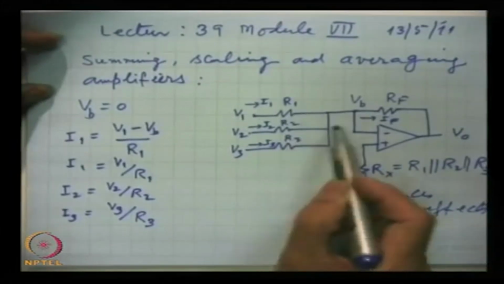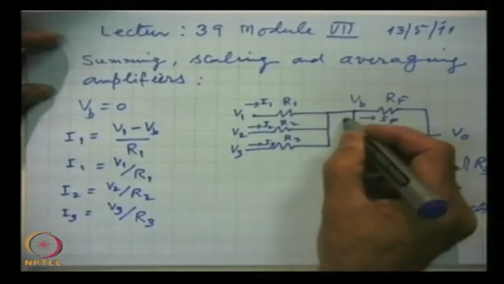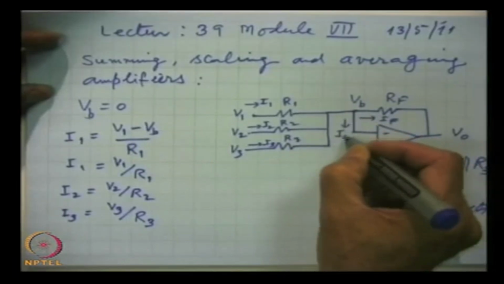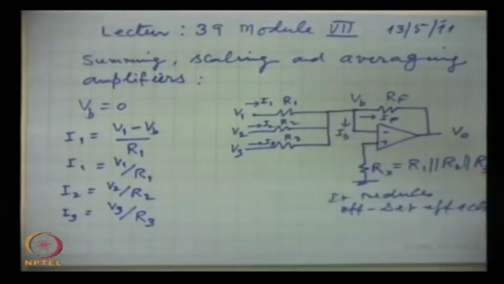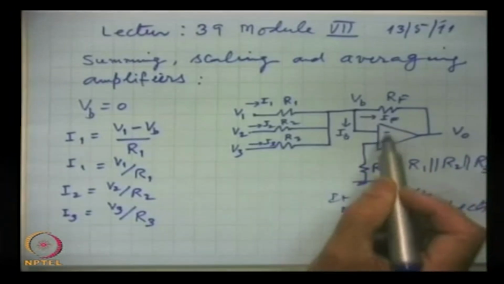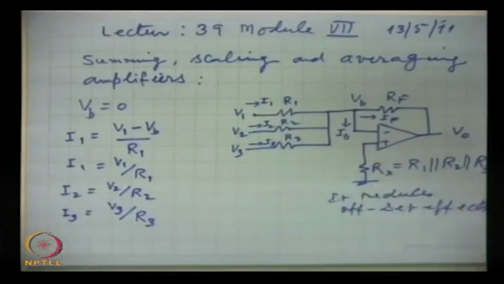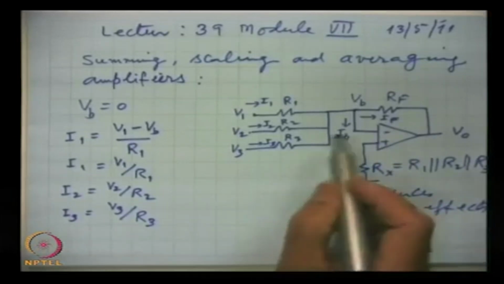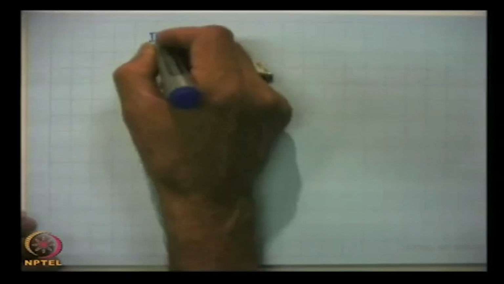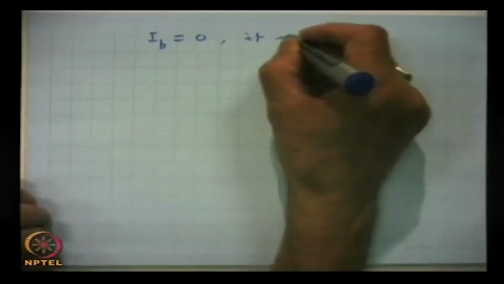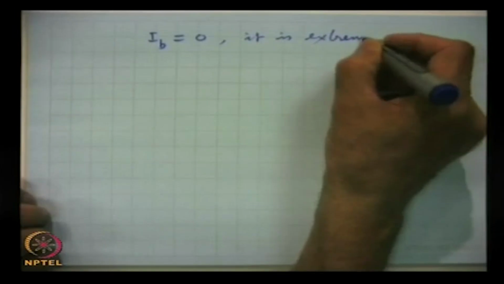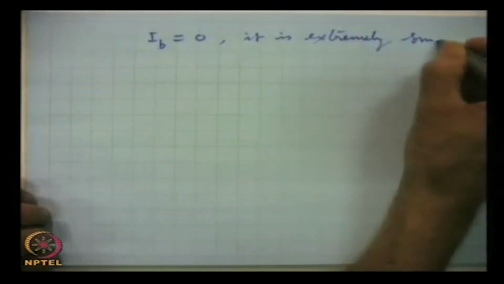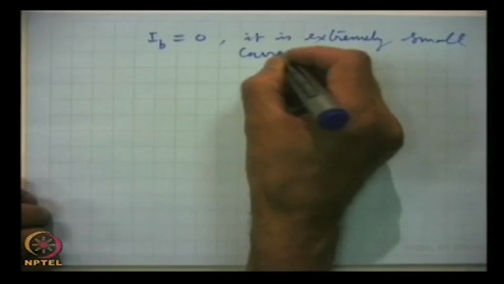Now, these three currents are flowing. There will be a current here, IB, but as we are seeing, because the input impedance of the amplifier is extremely high, this IB can be taken as 0. IB is equal to 0. We neglect this current, it is an extremely small current.